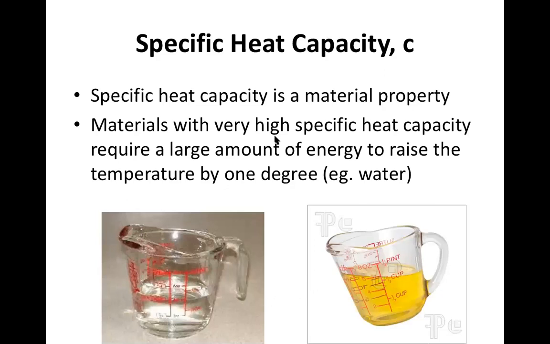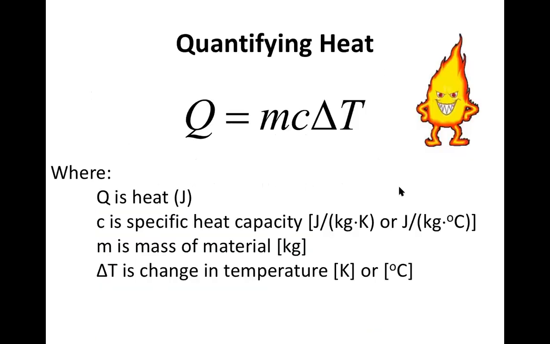So materials with very high specific heat capacity require a very large amount of energy to raise the temperature by 1 degree for 1 unit of mass. For 1 kilogram to increase by 1 degree Celsius, it's a lot of joules.